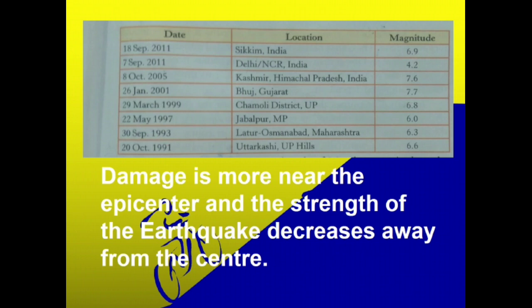If you remember, a massive earthquake measuring 6.9 on the Richter scale hit Bhuj town in Gujarat on 26th January 2001, causing a lot of destruction and loss of life and property.